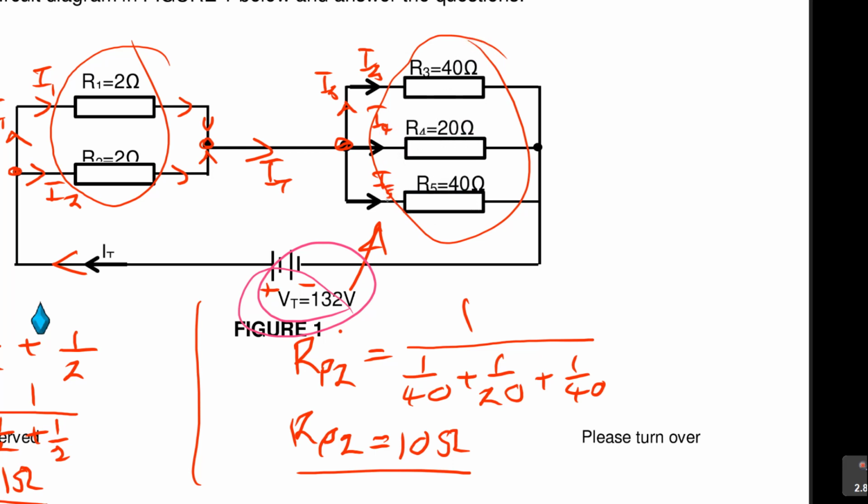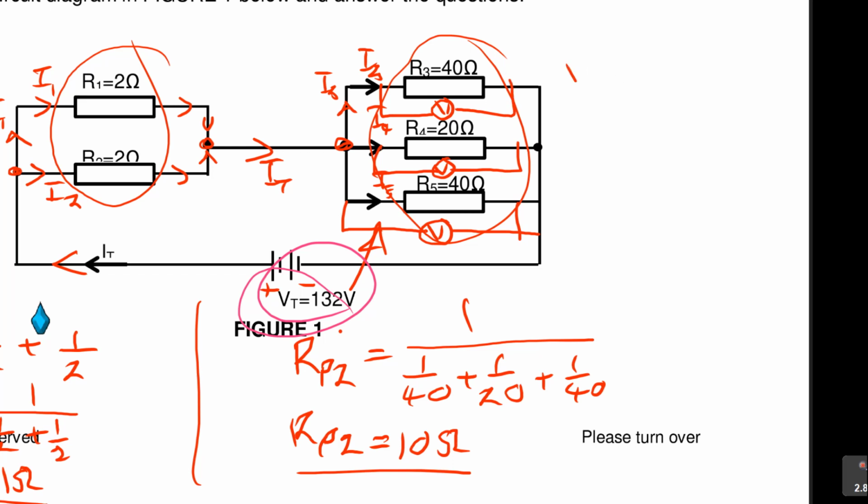But there is something interesting here. If I can put my voltage here, what is the voltage on this one? It's parallel, right? Let me draw it like this. What's the voltage across the 20? And what's the voltage across the 40?